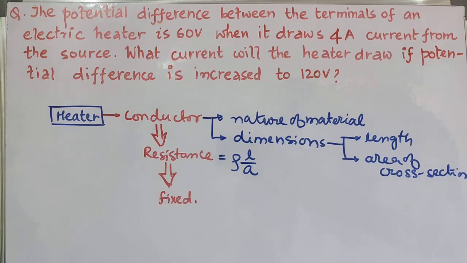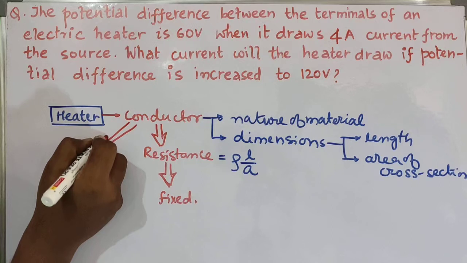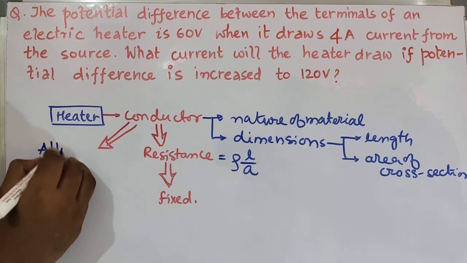I want to tell you one more point here, that the material of heating substances, for example the heater or the oven, are made up of alloys.